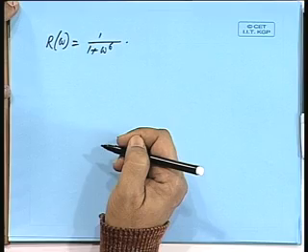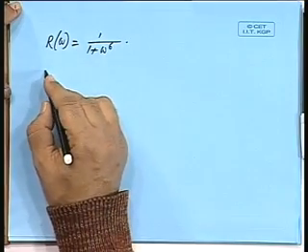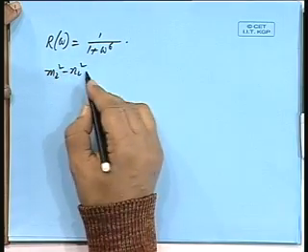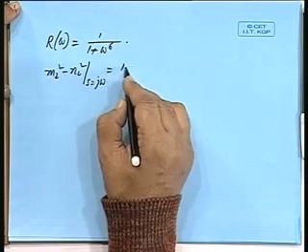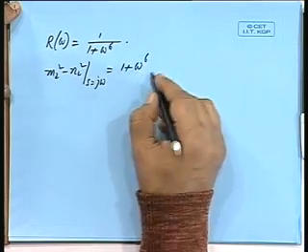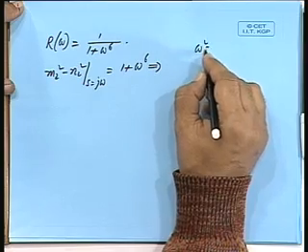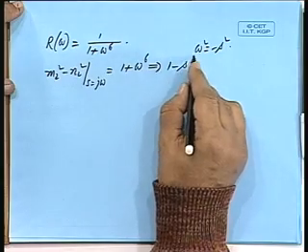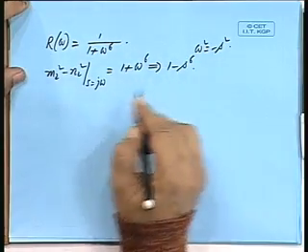Then m2 squared minus n2 squared at s equal to j omega is given as 1 plus omega to the power 6. So you make a substitution, omega squared is equal to minus s squared. So how much will it be? 1 minus s to the power 6.